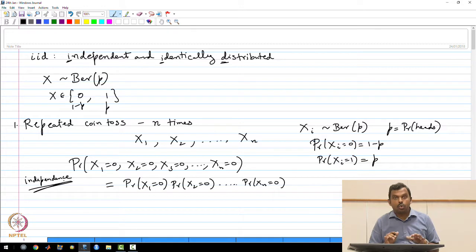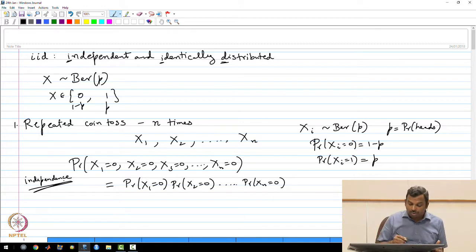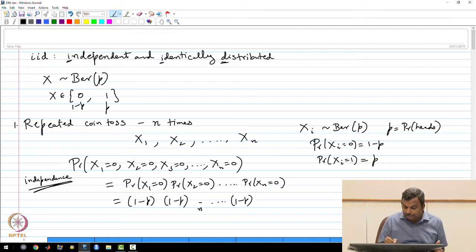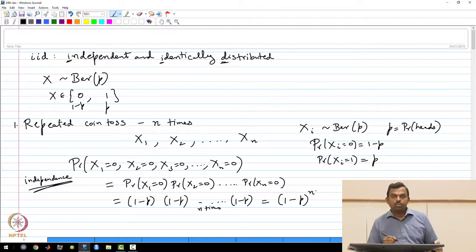So this is true only when they are independent. And on top of that, they are all identical, so they all have the same probability. So you have 1 minus p times 1 minus p, so on till 1 minus p, n times. So this is happening n times, and this probability is (1 minus p) to the power n. It's an easy calculation to do when you have independent and identical repetitions of things happening.